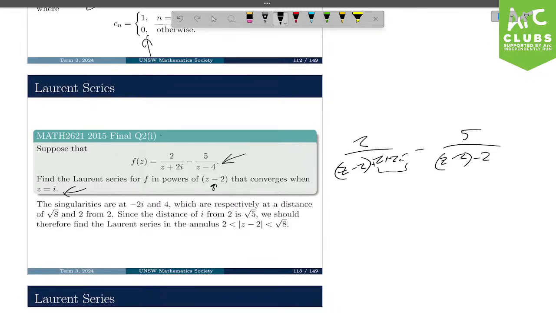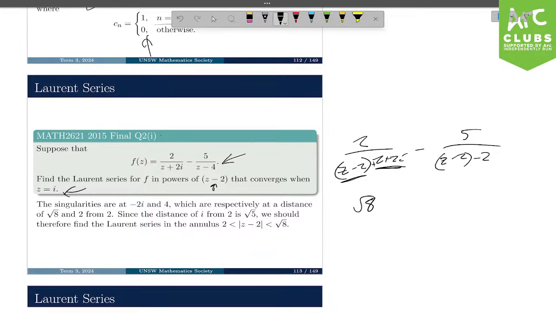So we'd have to divide and multiply by 2 plus 2i on this one and minus 2 on this one. Okay? But that aside, we recognize that for this to converge, the magnitude of z minus 2 would have to be less than the magnitude of 2 plus 2i. Okay? Otherwise, we'd have to take the reciprocal. And so this gives us the boundary of root 8.